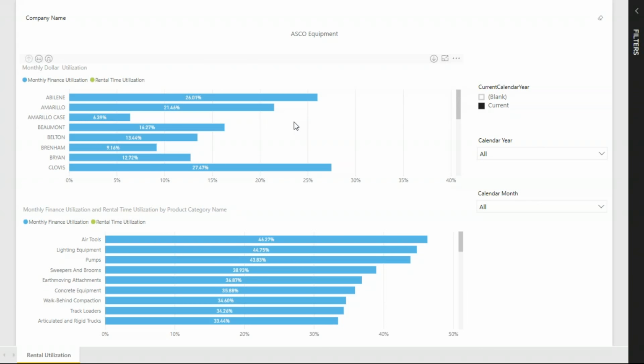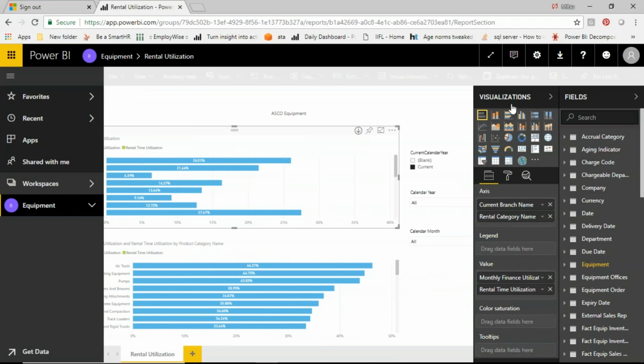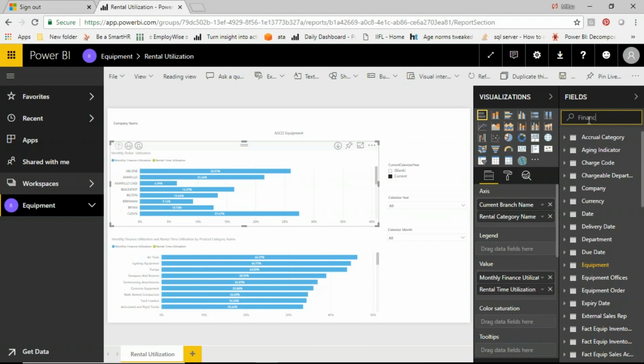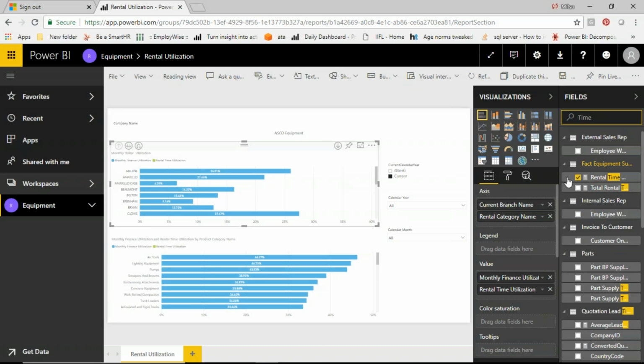Okay, now on the utilization piece, you can look at, I don't know why the dollar is. Time.